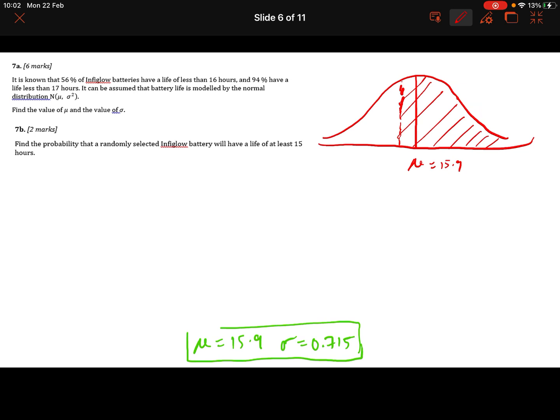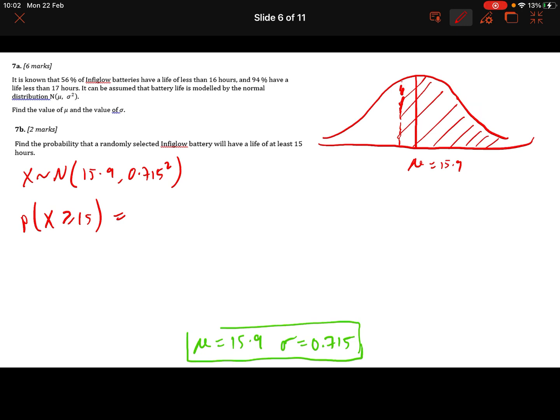So we know the answer is going to be a little bit more than 0.5. We're going to use the calculator for it. We always set up the distribution: X is normally distributed with mean 15.9 and standard deviation 0.715. We want to know the probability that X is greater than or equal to 15.